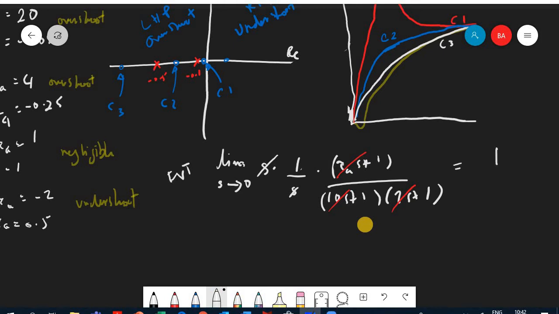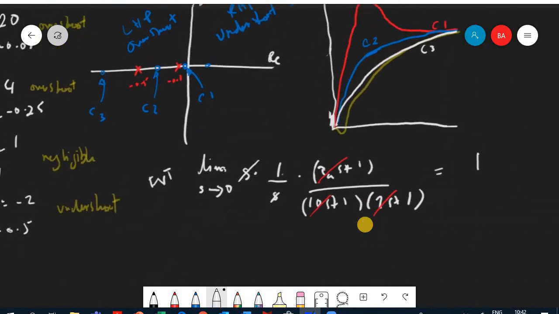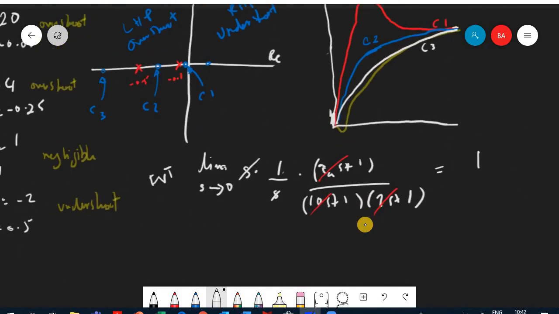So the final value for all of them is going to be 1. Okay, and this is the plot of my y of t against time, which is in seconds, and I'm not sure what the units are here, but this is the way you show it.